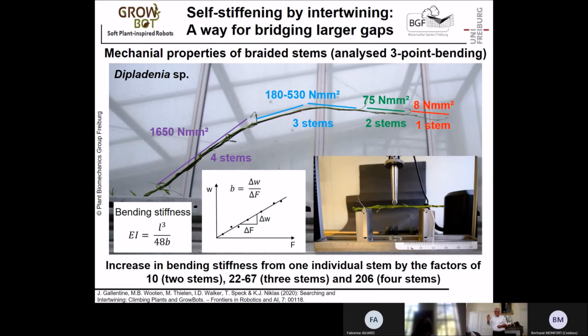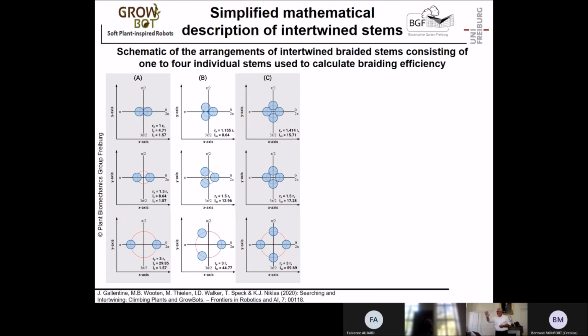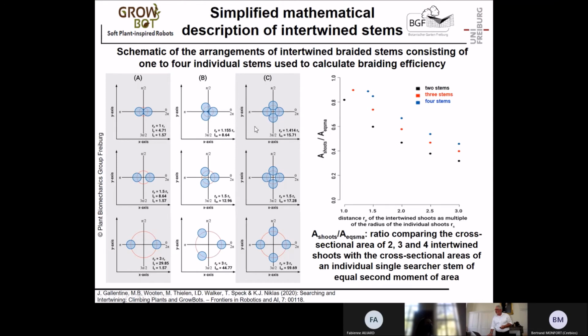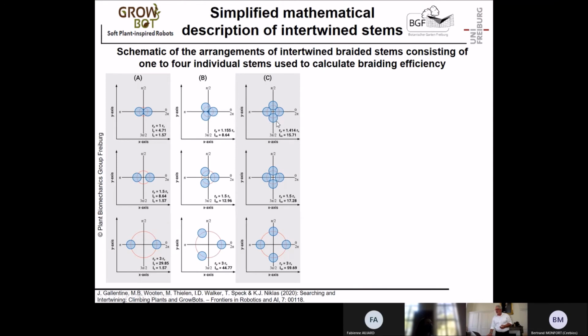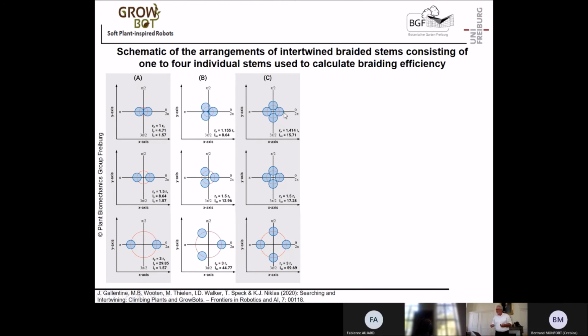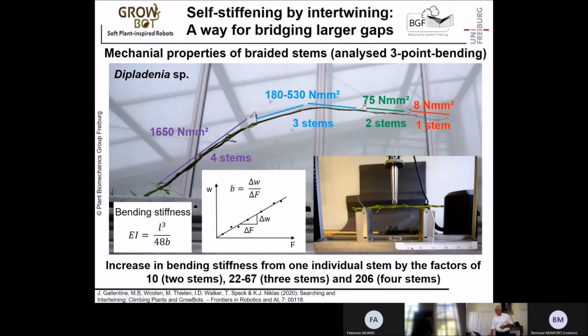And now we want to understand what's going on, and I'm by training a biophysicist, and biophysicists try to make their life easy. So we thought, okay, what can we assume to make it calculable, and what can we get rid of from this complicated biology? We make a couple of assumptions. First, all the stems have the same diameter in the braid, which is a good approximation for these segments.